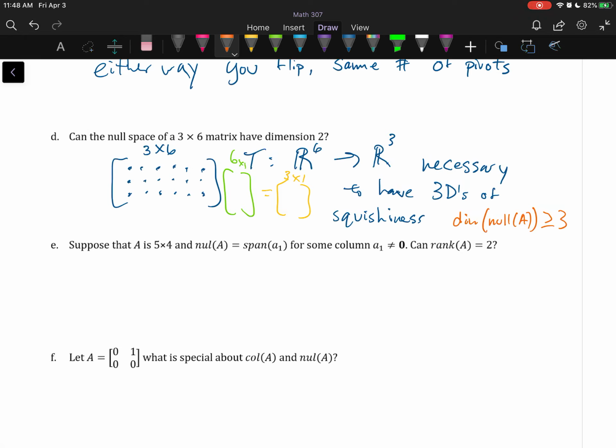Okay, moving on. Part E. Suppose that A is 5 by 4 and the null space of A is equal to the span of some column vector that's not equal to the 0 vector. Can the rank of A be 2?